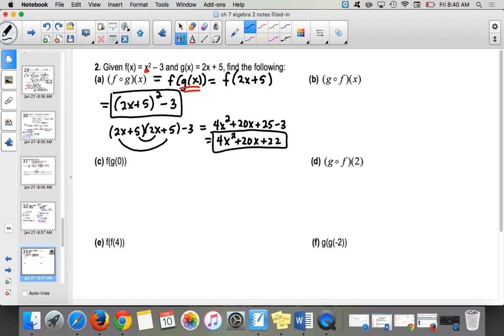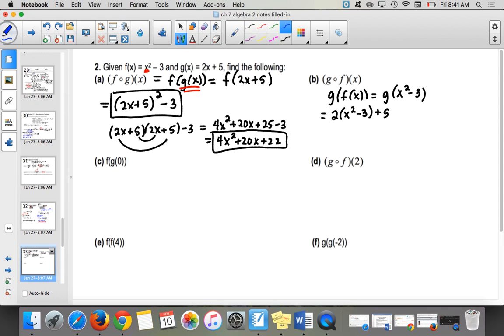Good. All right, so if you have g of f of x, then we have g of x squared minus 3. So we're replacing the x squared minus 3 into the g function. So we're going to have 2 times x squared minus 3, plus 5.